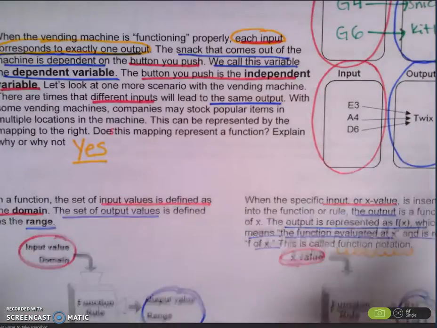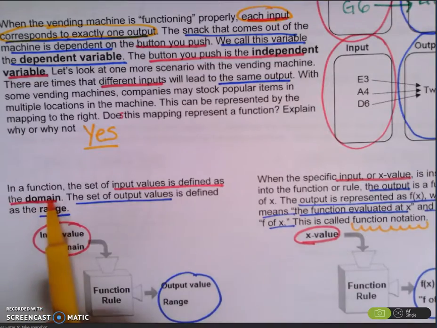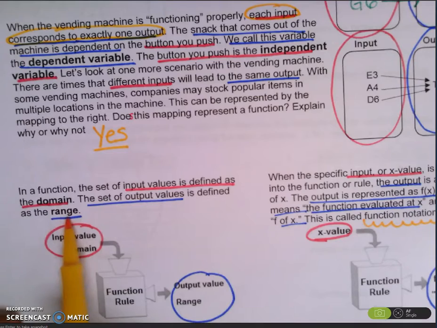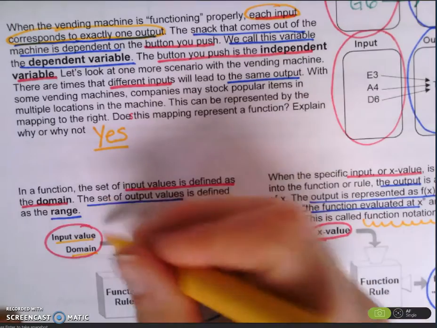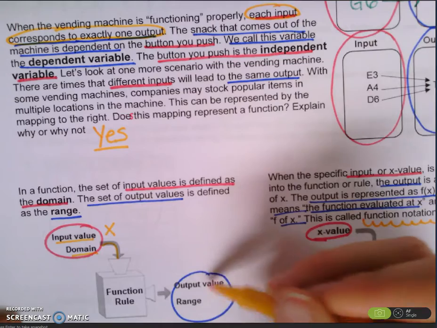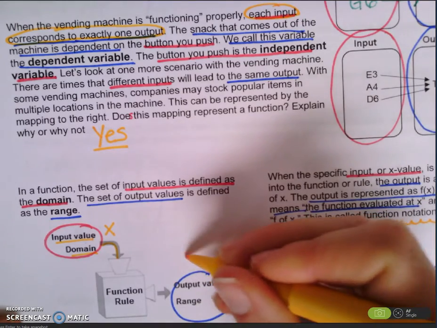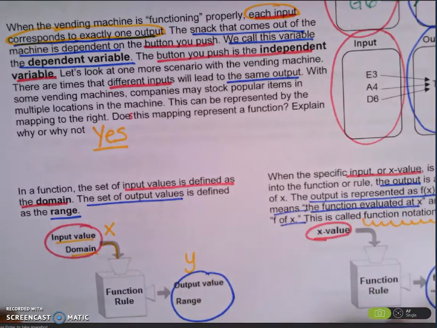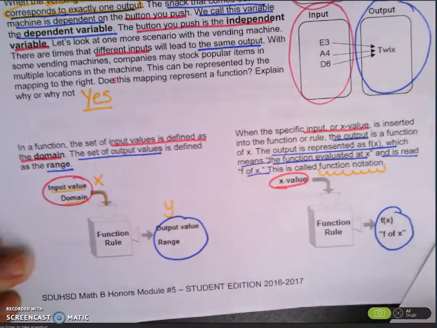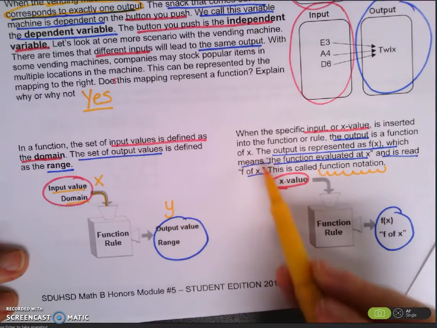I want to remind you that in a function, the set of input values is defined as the domain, and the set of output values is defined as the range. So I input my input value, or my domain, into the function rule, and it comes out as the output value, or the range. We're also going to call this y. When a specific input or x value is inserted into the function rule, the output is a function of x.